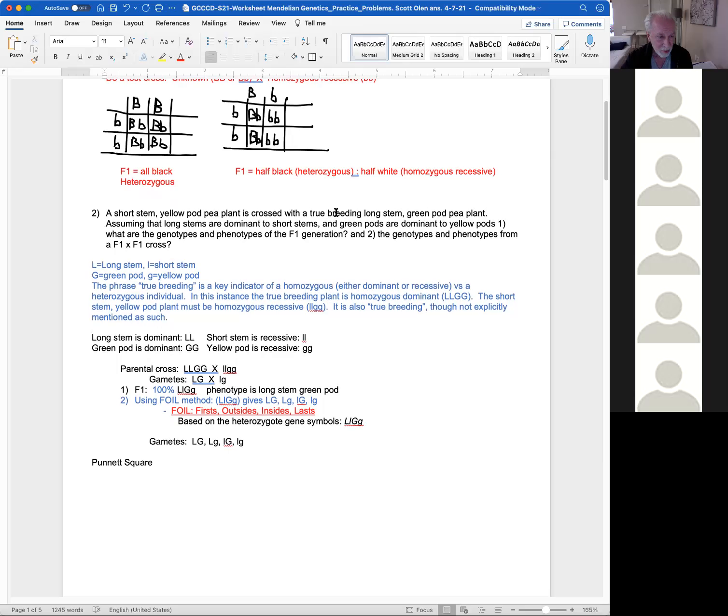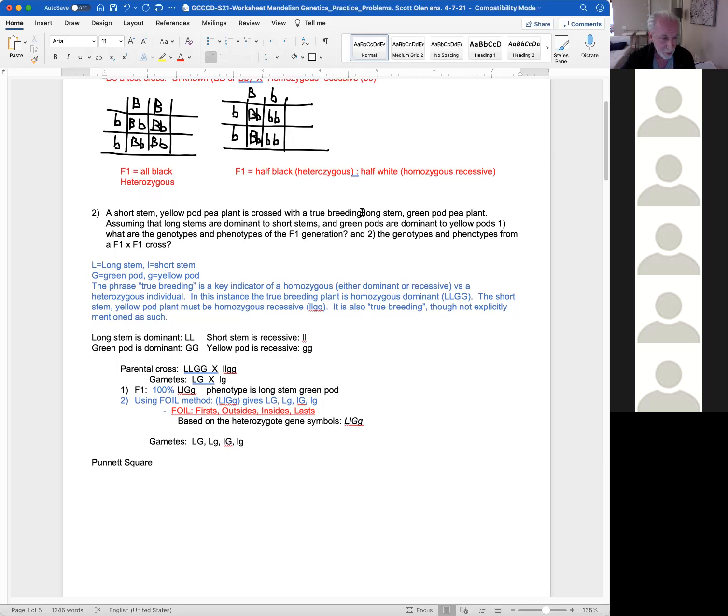Now, the words true breeding here are important because true breeding is the same as an inbred. True breeding means that this phenotype has been selfed, had inbreeding generation after generation until it's homozygous at all loci. So a true breeding plant is a homozygous plant.